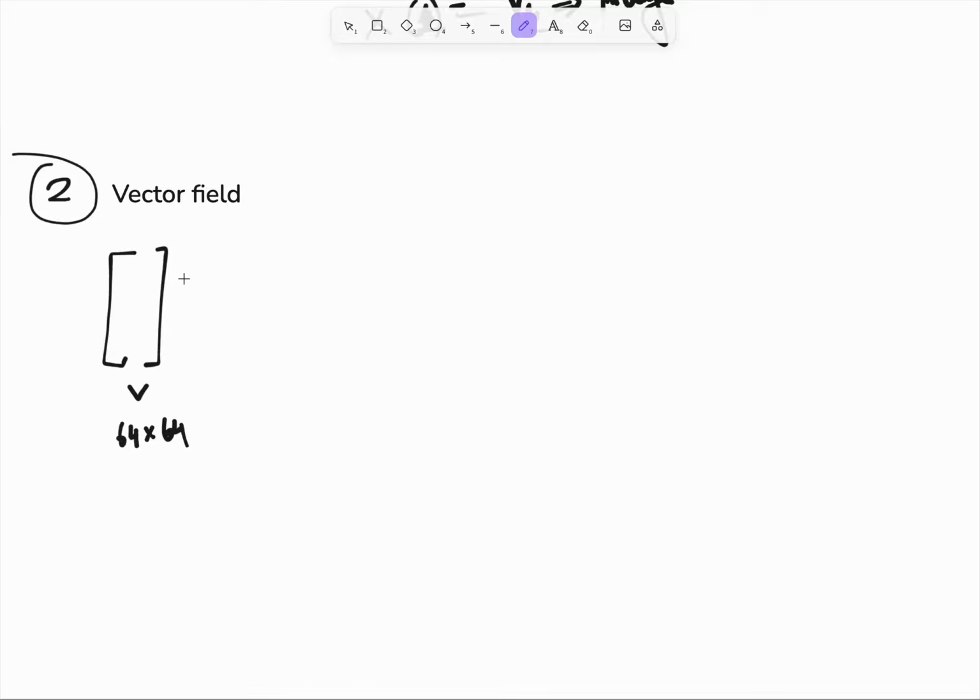So let's use our 64x64 latent. The vector field is essentially, suppose you have a lot of points here, right?